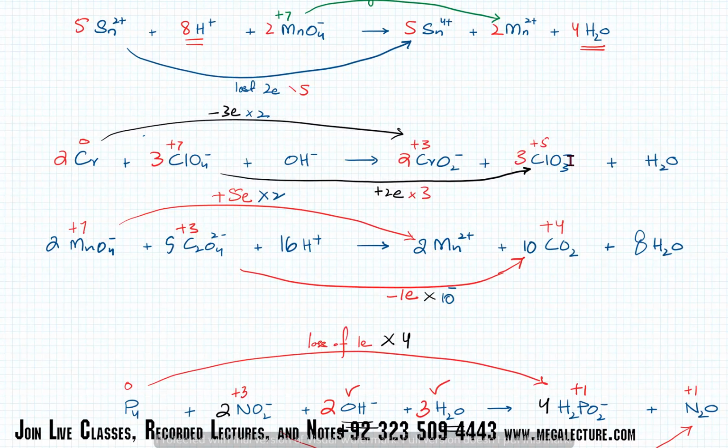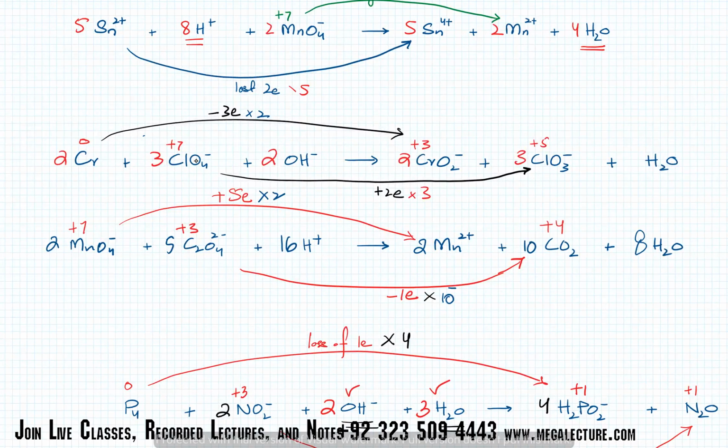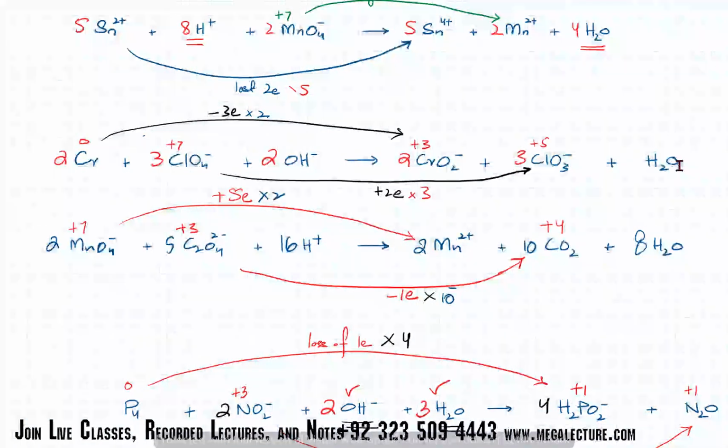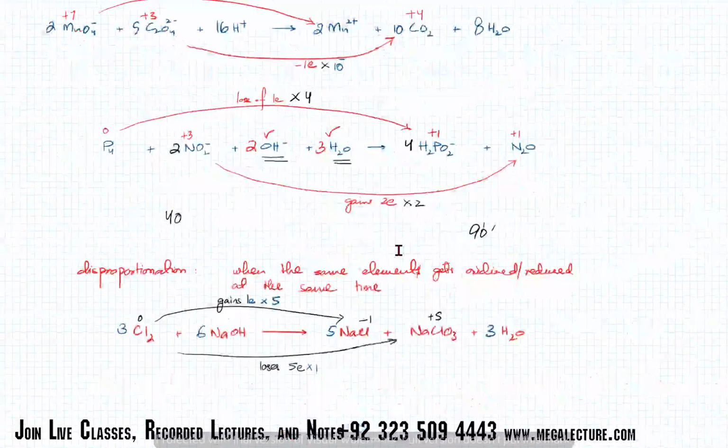I think just a 2 over here would balance it, right? Just count. That's 12 plus 2, that's 14. 4 plus 9, that's 13, and 2 and 1, sorry, that's 14, right? And 2 hydrogens, 2 hydrogens, so it's balanced, right? So you got this, right?